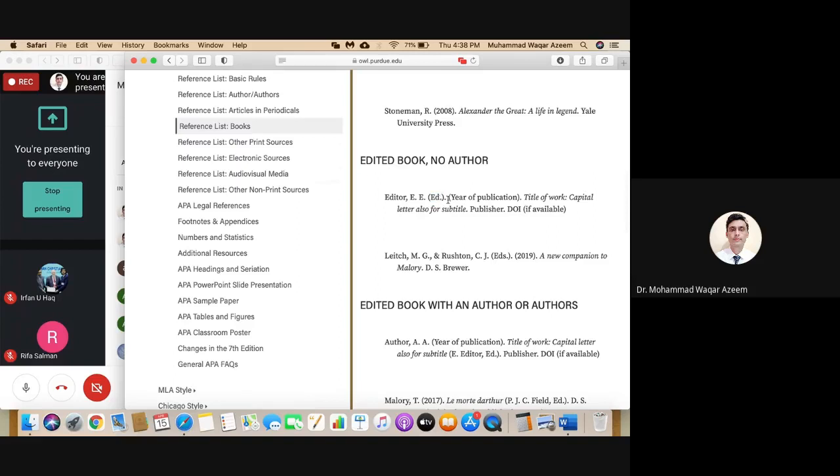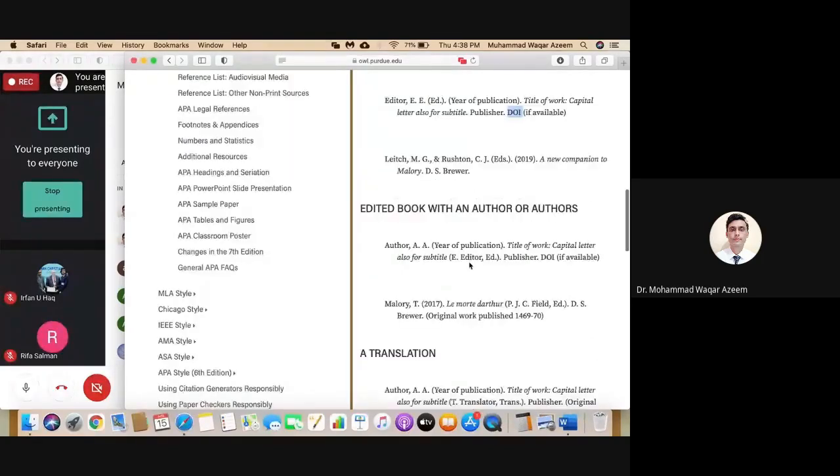So a period, and then a period outside the parenthesis, then year of publication, a period, title of work, right? It is a longer work. Then a period, publisher, a period, and then DOI, which is the URL, the stable ID, if you have that. So this is the real life example. The first editor, the second editor.